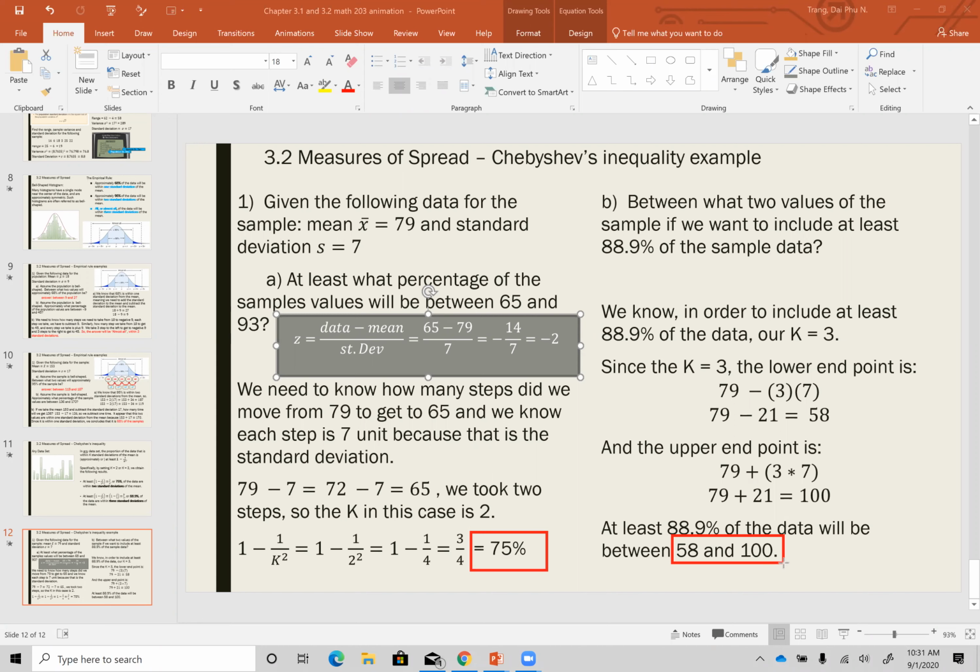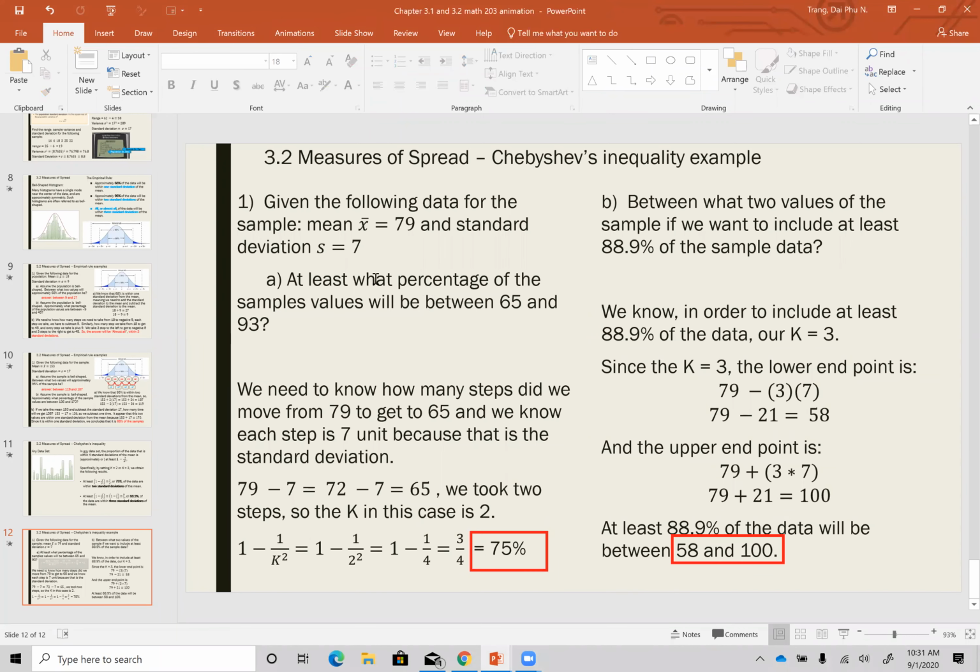And again, if you don't have questions, your challenge for this type of problem is to make sure you know when to use the empirical rule versus when to use the Chebyshev inequality rule. If your question does not have anything related to bell shape, then it is Chebyshev.